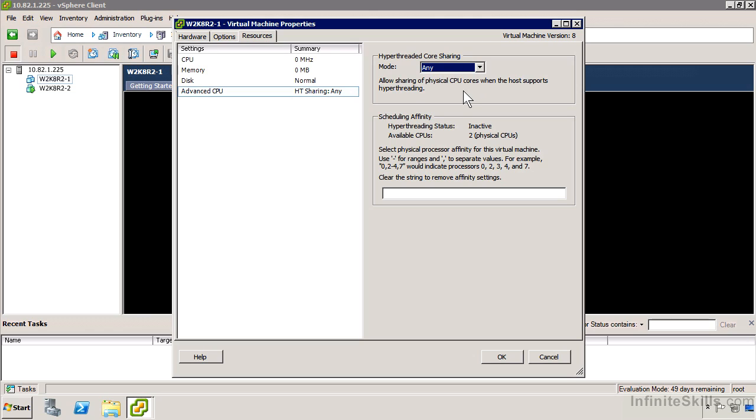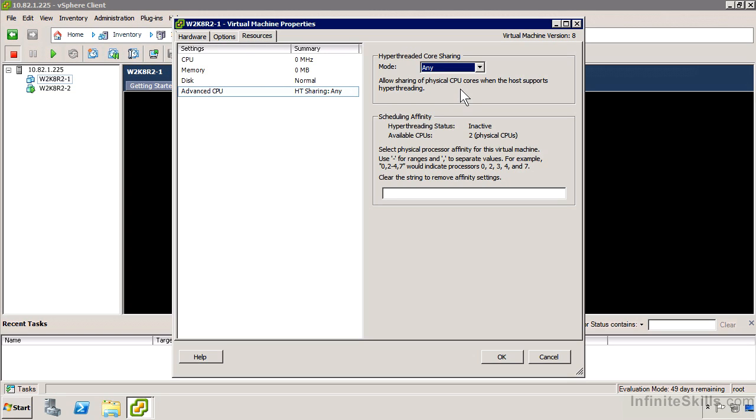You can also specify whether to do core sharing or not. Generally, you're not going to want to mess with this, but typically whether we should share physical CPU cores when the host supports hyperthreading. This helps us to avoid the problem of waiting for multiple CPUs to all be ready at the same time. A lot of people do like creating their virtual machines with 2 virtual CPUs, as I said. Not necessarily a bad idea, but can cause you some difficulties when it comes time to CPU schedule.